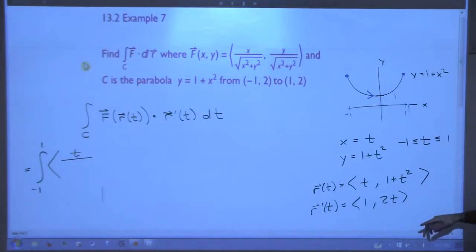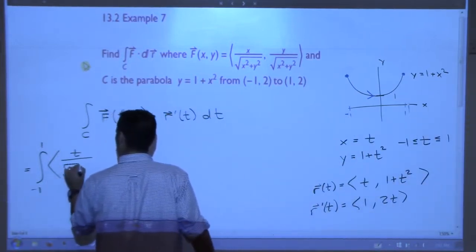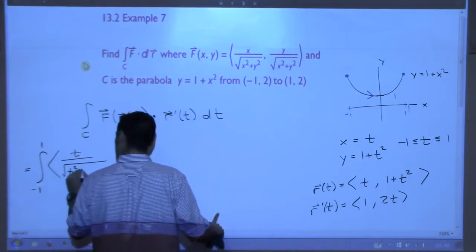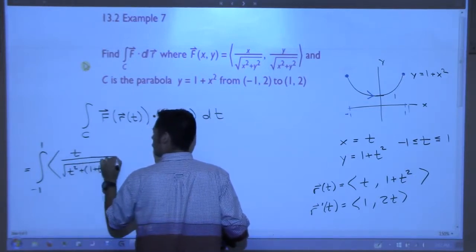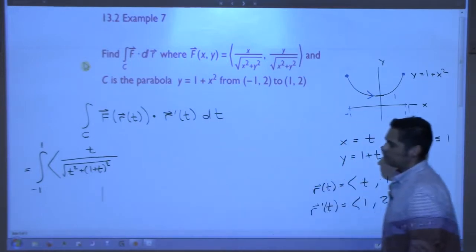So it's this squared plus this squared, square root. So t squared plus 1 plus t squared, square root. Well, I thought that was going to be kind of clean, but I guess not.